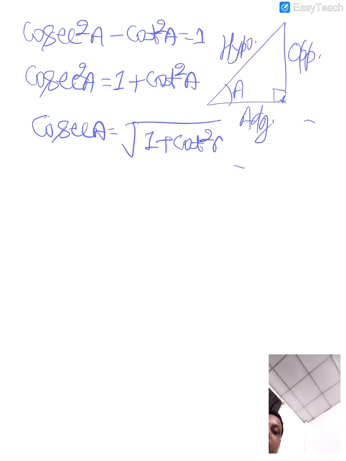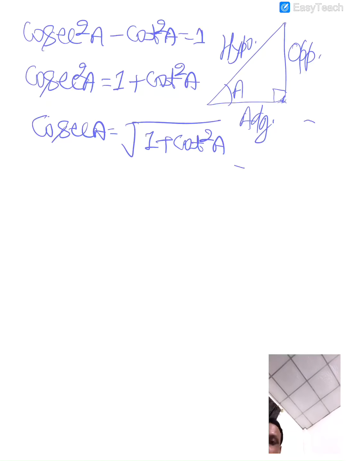Last but not the least, we have cosec²A minus cot²A is equal to 1. So if you want to find the value of cosec, cosec²A is equal to 1 plus cot²A, or cosec A is equal to the square root of 1 plus cot²A.